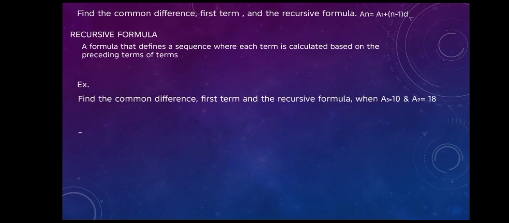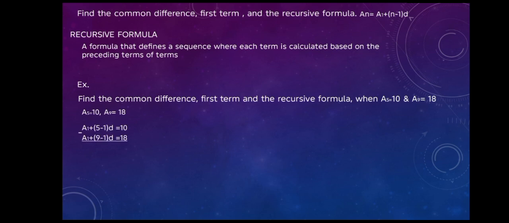Find the common difference, first term and recursive formula when a sub 5 is equal to 10 and a sub 9 is equal to 18. So, yung gagamitin muna natin is a sub 1 plus quantity of n minus 1 times d. Yung n natin is yung 5. Yung 10 natin is yung equal number.